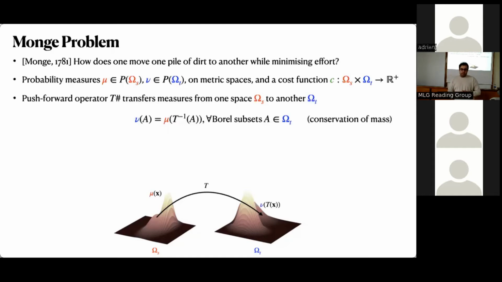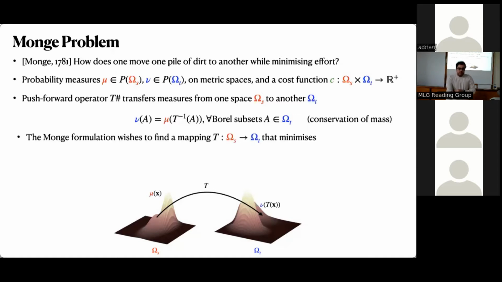In terms of measure theory, if you have subsets A inside the target distribution, then for every subset A that you measure the measure nu on, there should be a pre-image of it in the original measure mu. So for every point that's shown up in nu, there needs to be a corresponding point that you moved mass from in mu.